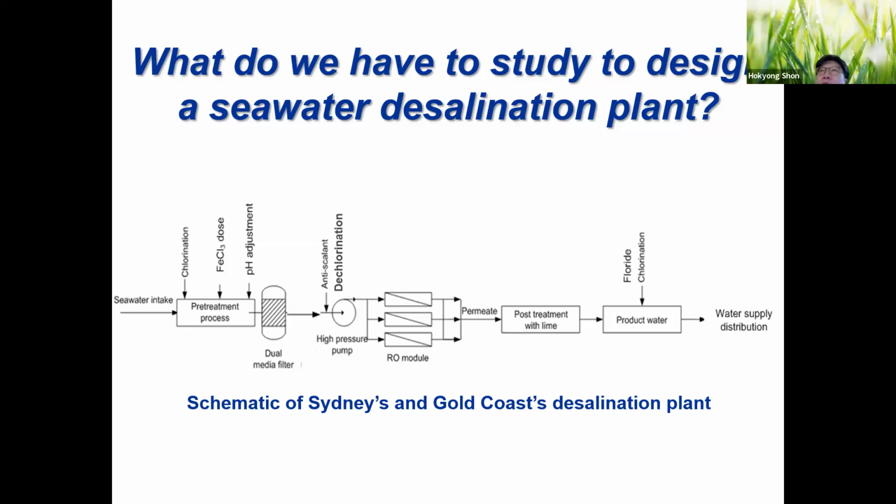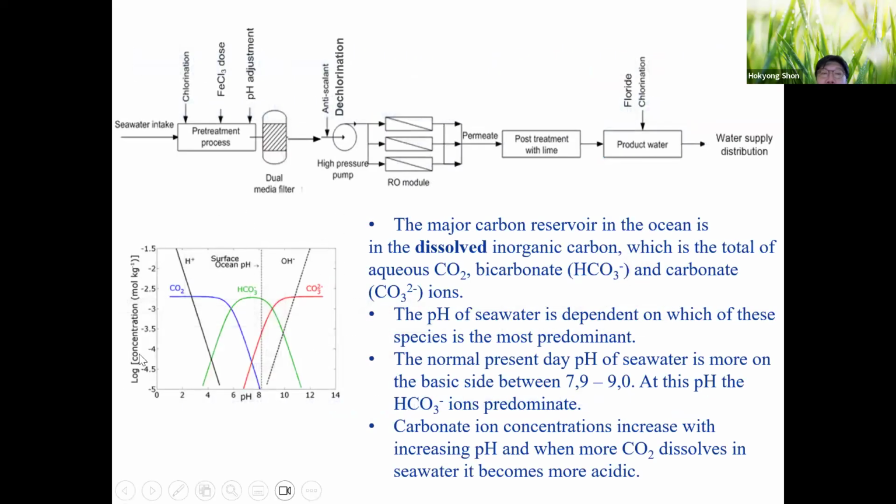So if we have more CO2 because of this climate change, the CO2 dissolved in seawater, and you have a very serious problem. For example, this is the CO2 concentration, and this is bicarbonate, and this is carbonate. So in seawater, normally we have a pH 8, which means bicarbonate concentration is the highest.